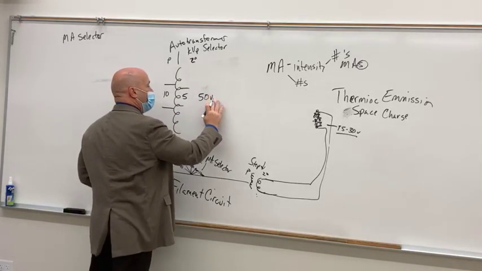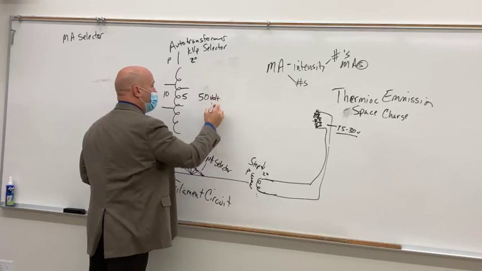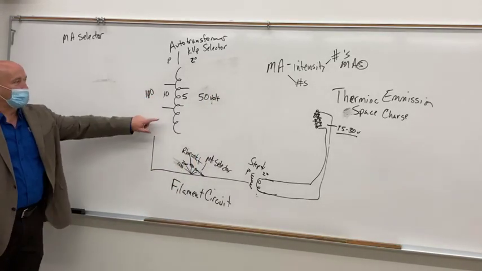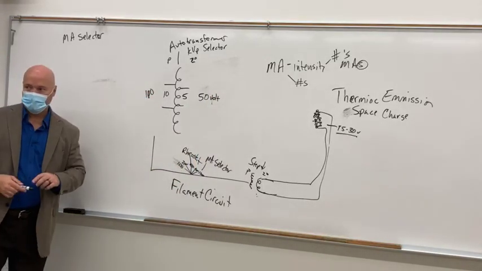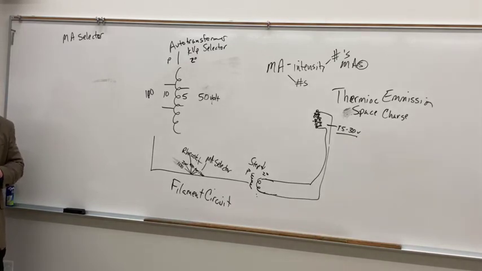But how is that going to read on your control panel if this is our kVp selector? So what do you set? What's your kVp that you set?